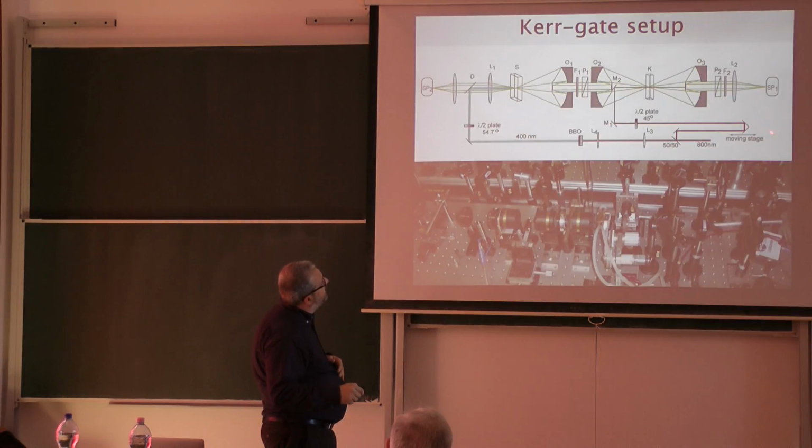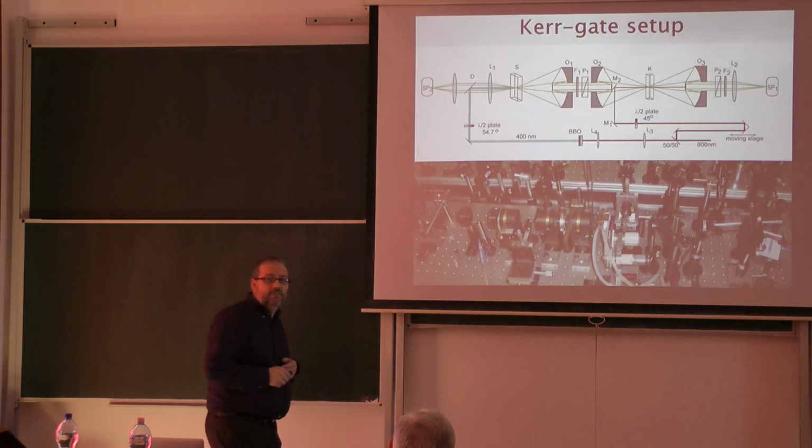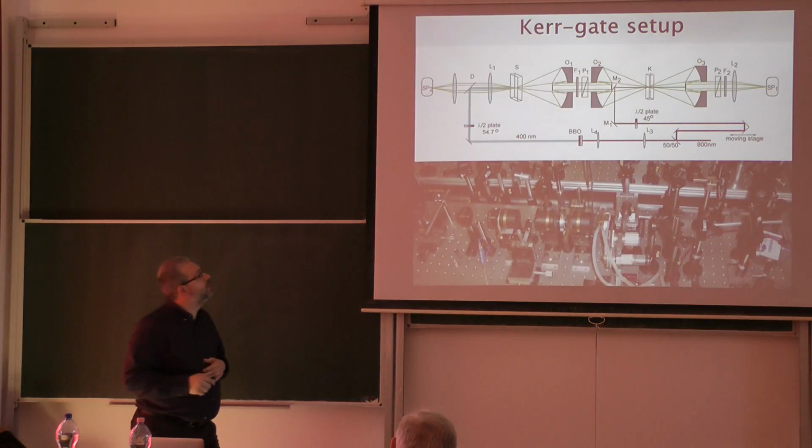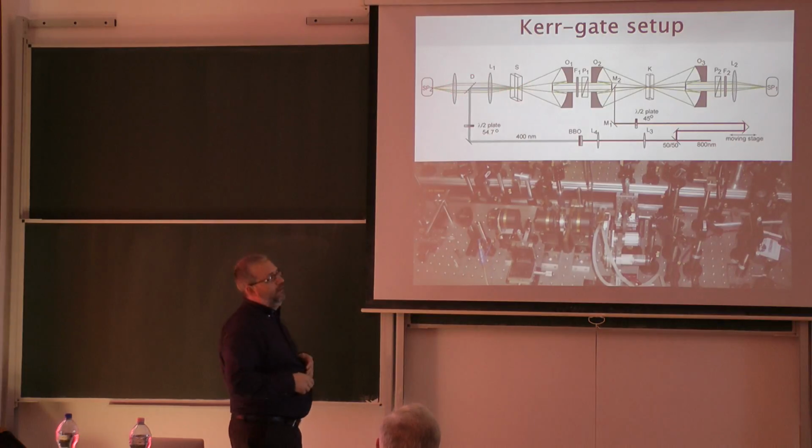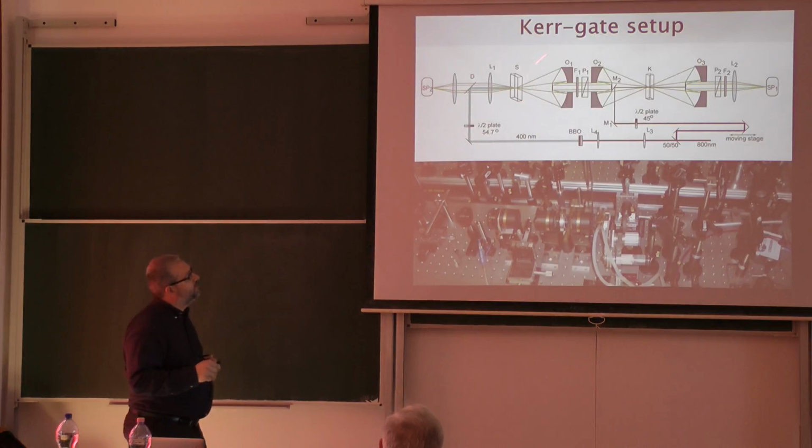So we have our laser here. It comes via the stage. And first of all, if we go in this direction, we have our BBO, the nonlinear crystal. We do the second harmonic generation, and we have a blue light. With this blue light, we are exciting our sample, and we will have some fluorescence.